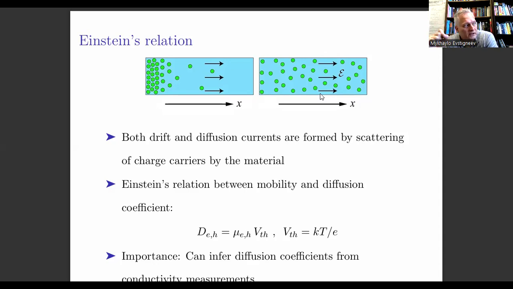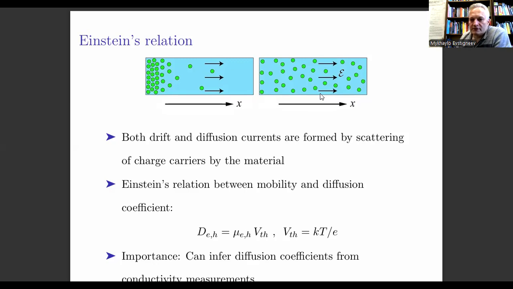So the collisions of the charge carriers with the crystal lattice are responsible for the charge carriers drifting at a fixed drift velocity. As for diffusion, it is the collisions which are responsible for the Brownian motion, for this random motion of the charge carriers.